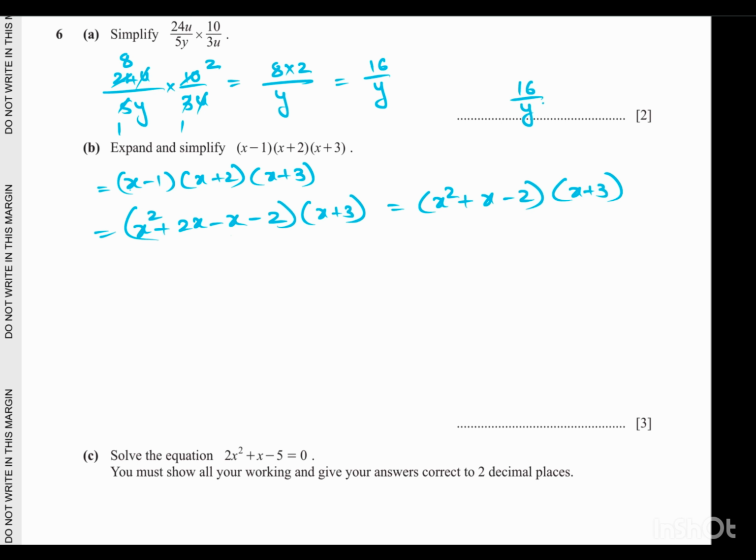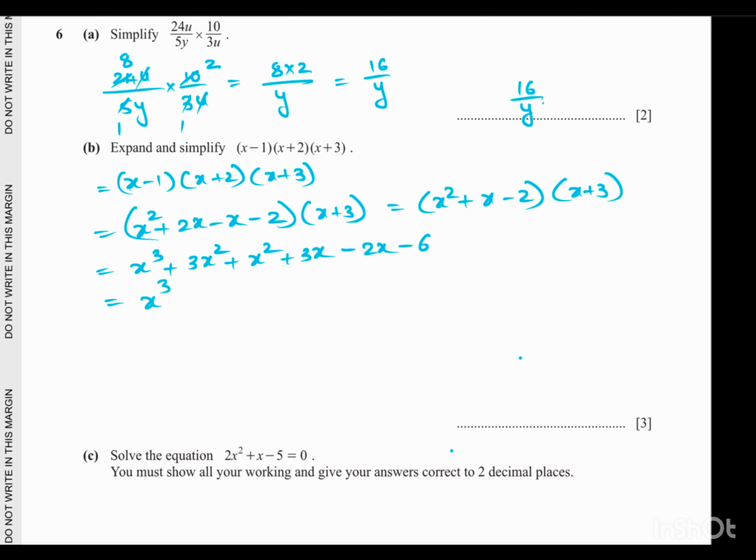Now these three terms should be multiplied with each term in the bracket. So x square into x is x cube, x square into 3 is 3x square. Then x into x is x square, x into 3 is 3x. Next, minus 2 into x is minus 2x, minus 2 into plus 3 is minus 6.